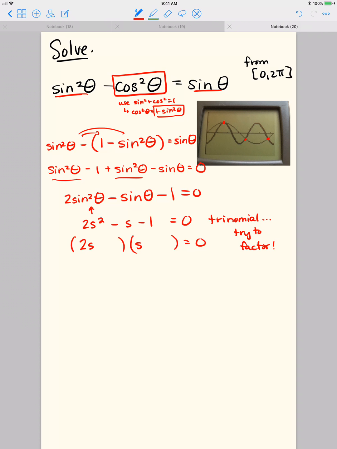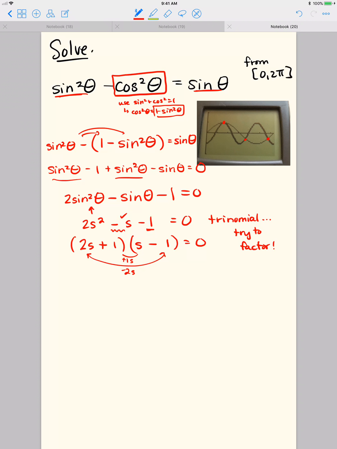The only way I can get that 1 is 1 times 1. And it needs to be a negative 1, but it also needs to be a negative s in the middle when I do my outer and my inner distribution. So I'll need a 2s with a plus 1 and the s with the minus 1 so that I get negative 2s on the outside plus 1s on the inside, and I have my negative s that I need.